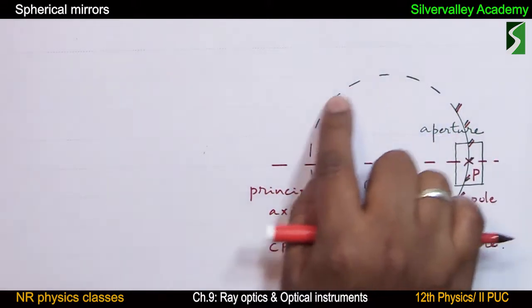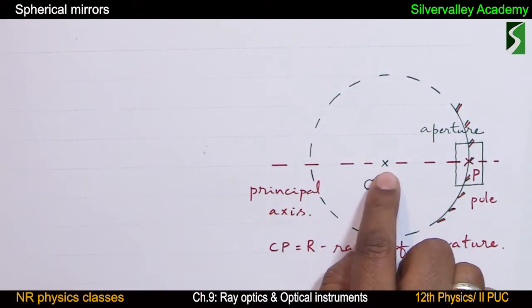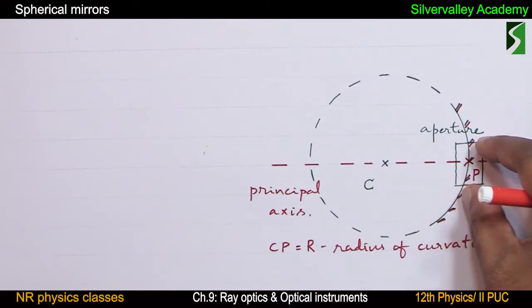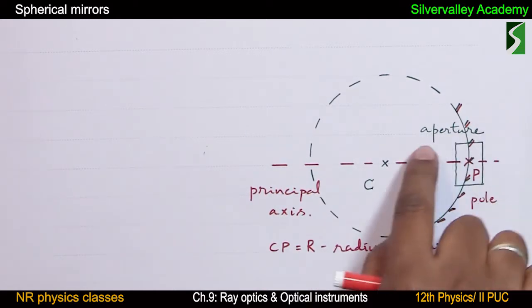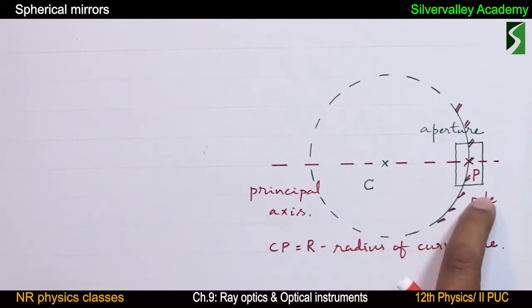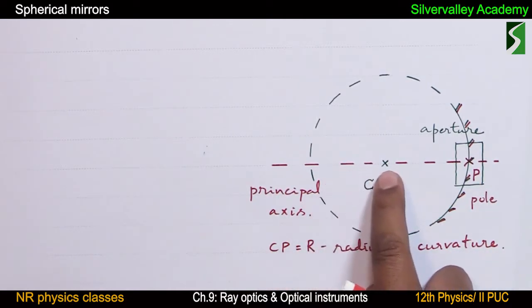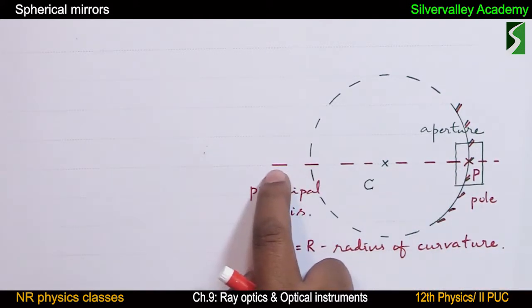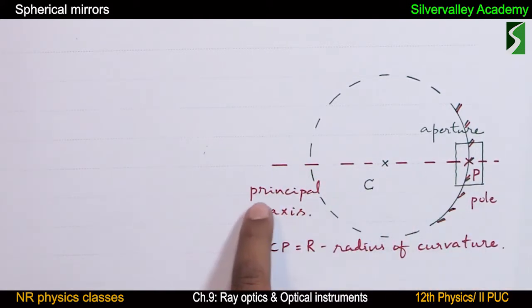The center of this imaginary sphere is called the center of curvature. The small region available for reflection is called the aperture. And the center of that aperture is called the pole, denoted by P. An imaginary line passing through the center of curvature and pole is called the principal axis.